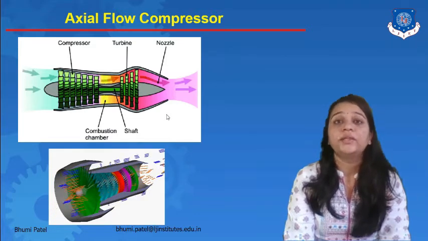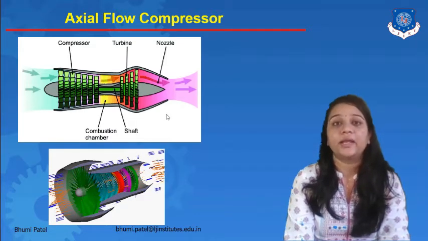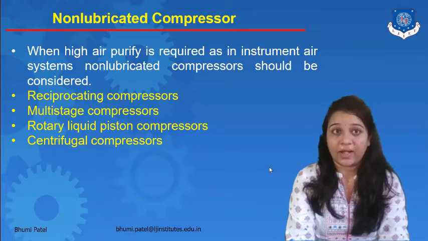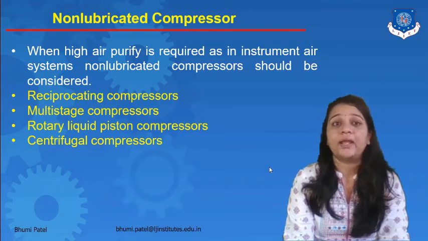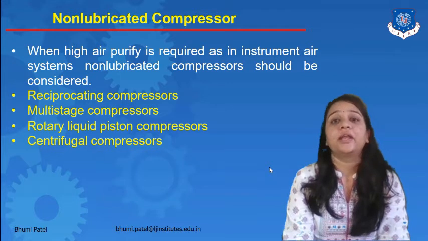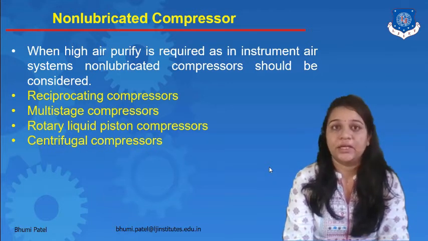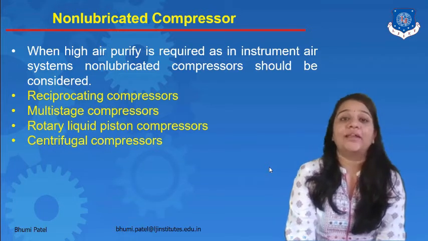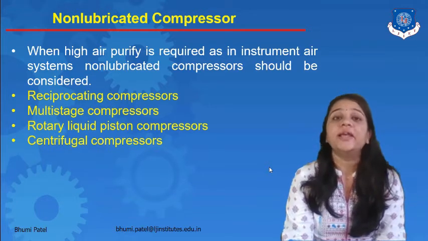Okay, now the next one is the non-lubricated compressor. When high air purity is required, as in the instrument air system, a non-lubricated compressor should be considered. So this is the application of the non-lubricated compressor when high air purity is required.